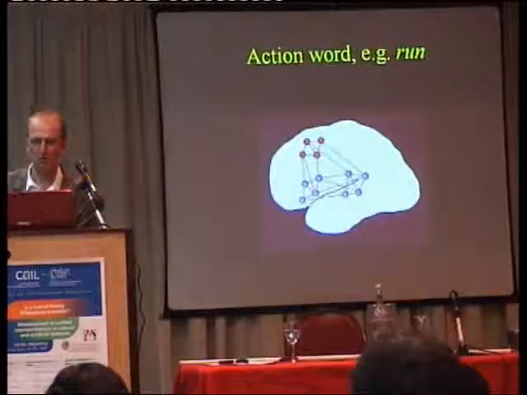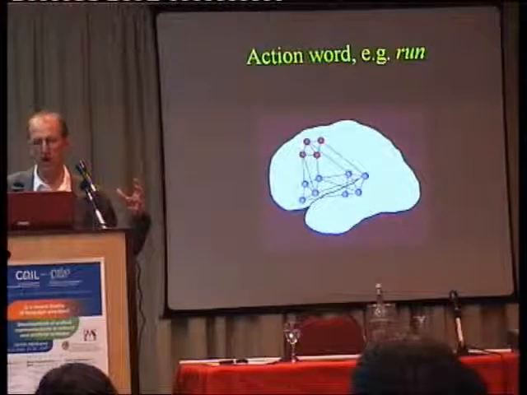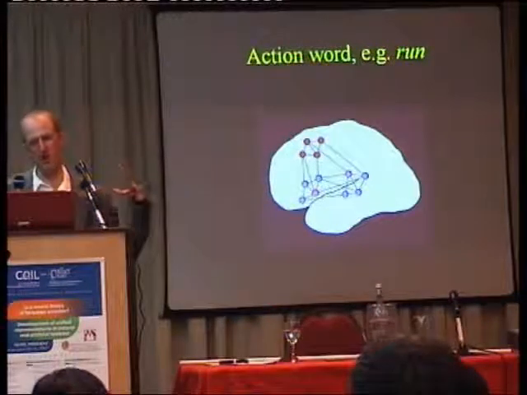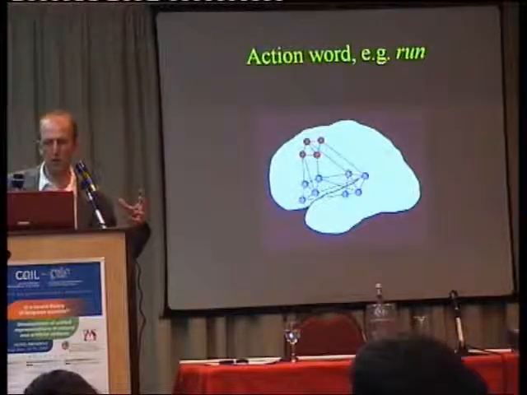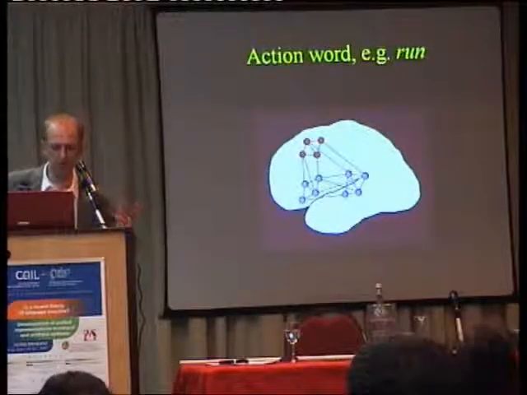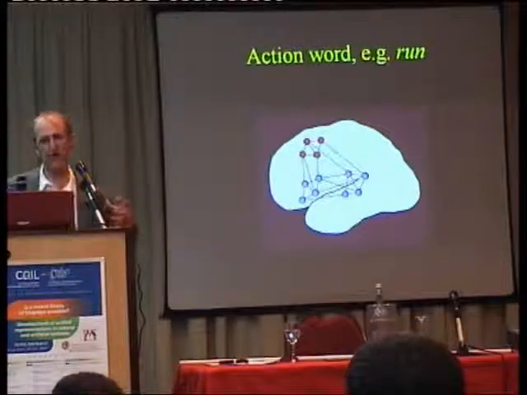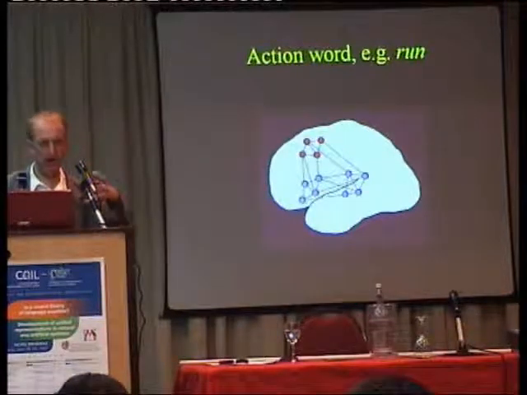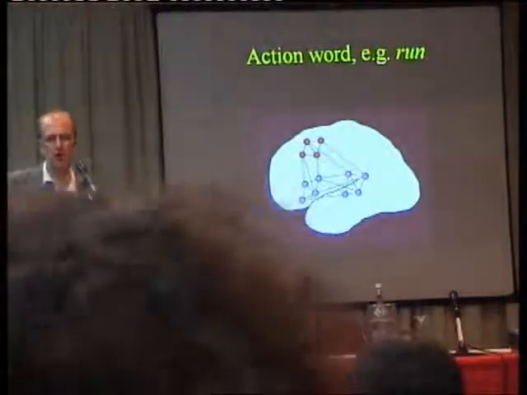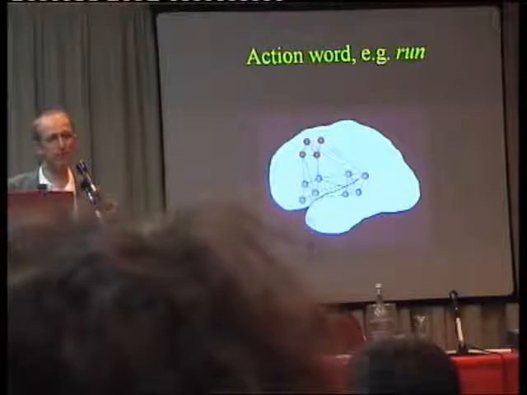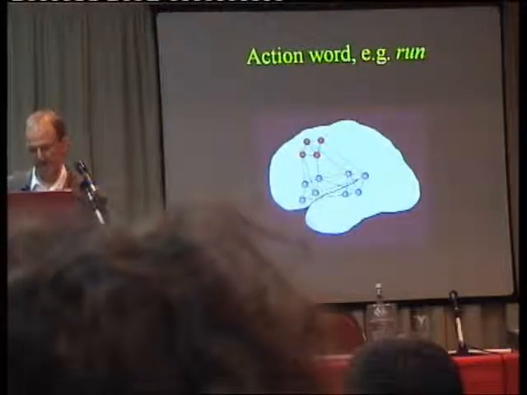So we come to the prediction that there's an entirely different type of network now for the action-related word, also with a perisylvian articulation-related lexical representation and a semantic representation, now drawing upon motor circuits outside the perisylvian language areas.